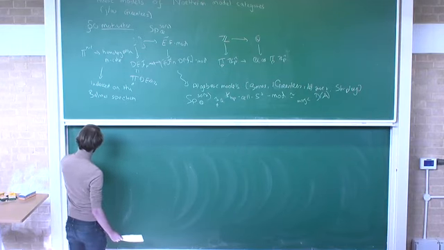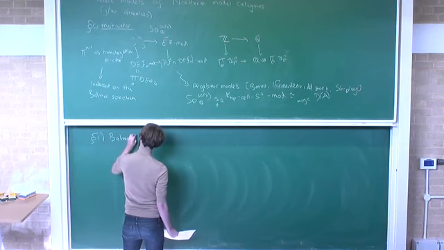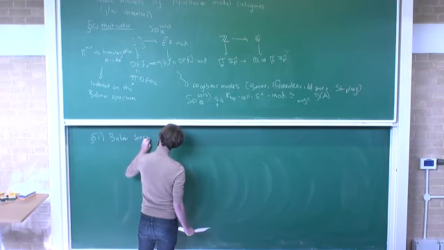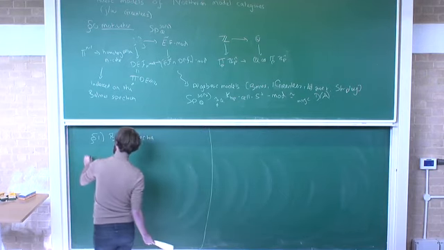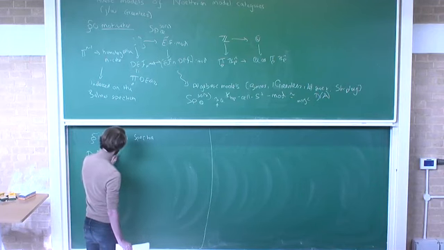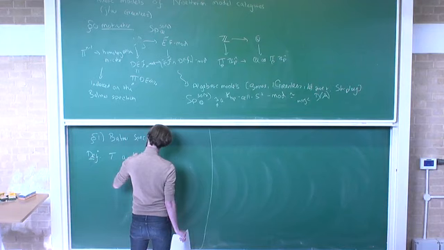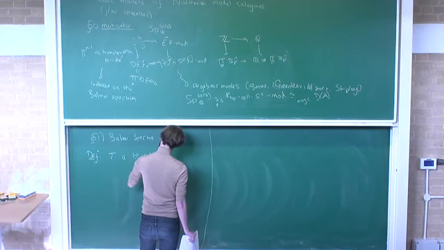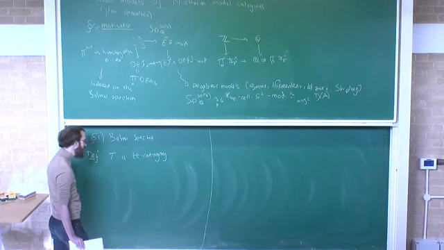So let's move on to the first actual section, which is Balmer spectra. So what do we have? T will be some tensor triangulated category, so it has a tensor structure as well as its triangulated structure.